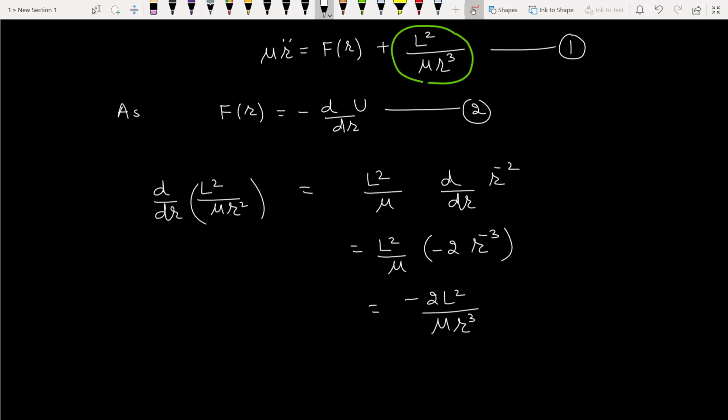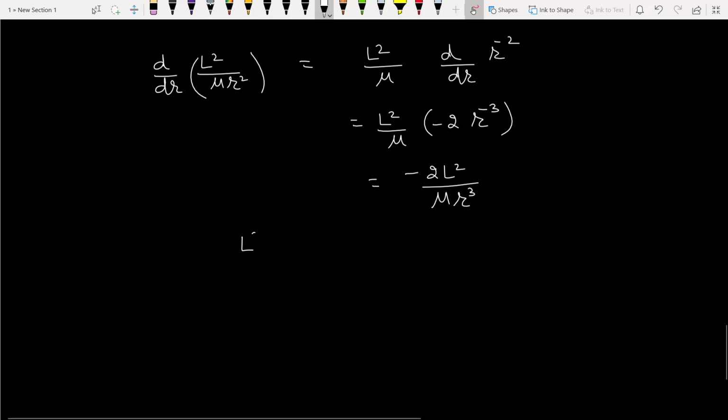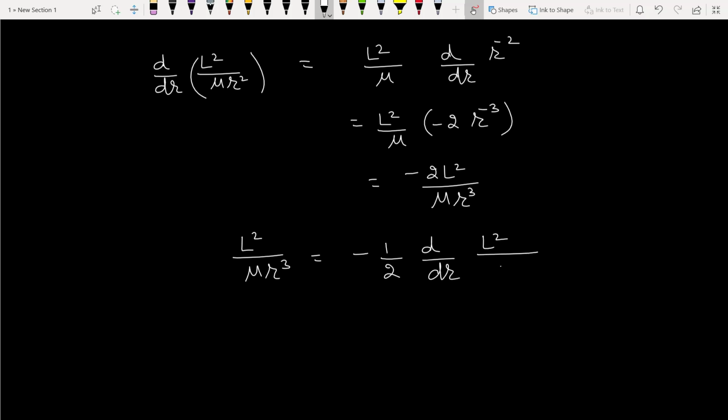So our circled quantity L square upon mu r cube becomes minus 1 by 2 d by dr of L square upon mu r square, which is like d by dr of L square upon 2 mu r square. We mark this as equation number 3.